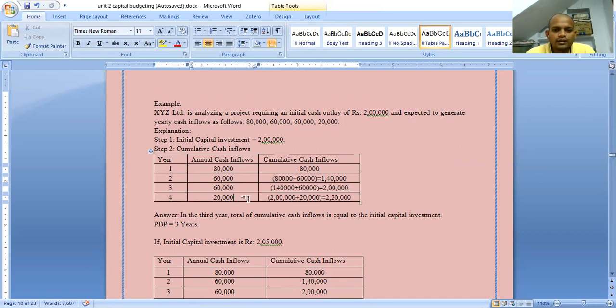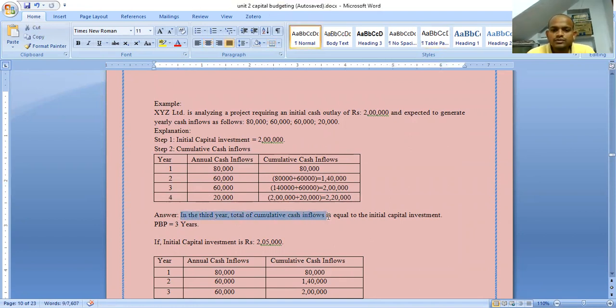And in the fourth year, 2 lakhs 20,000. We have to cumulate all the cash inflows. The third step is, in the third year total cumulative cash flows is equal to the initial capital investment.